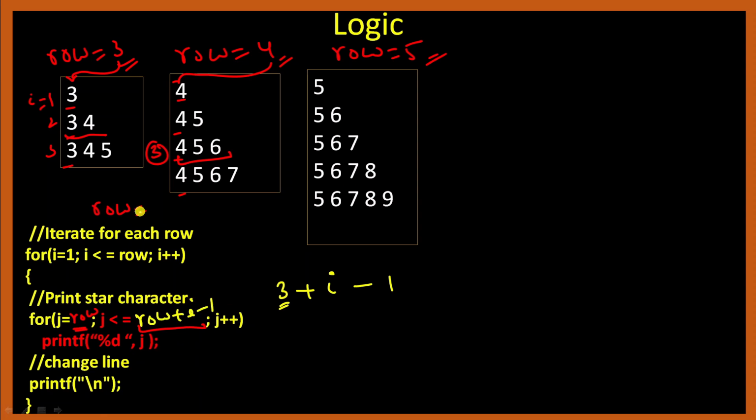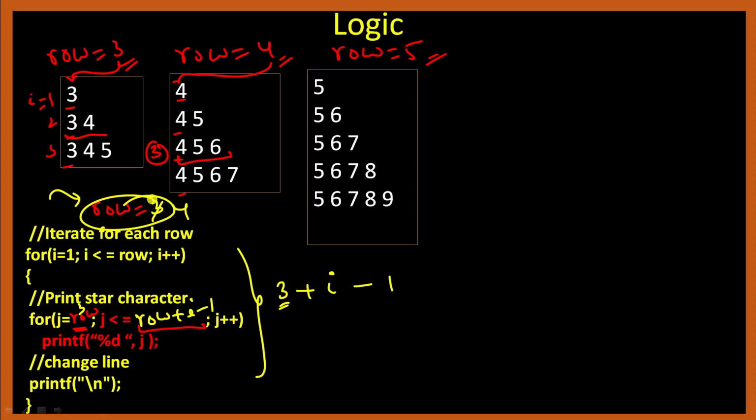If the user gives row as 3, the number of rows to print, then 3 will be pasted here, and 3 plus i minus 1 will remain the same for the complete program. The same way, if next time he runs the program and row is 4, then j equal to 4, each row will start with 4, 4 plus i minus 1, and accordingly the program will run. I hope you have understood.